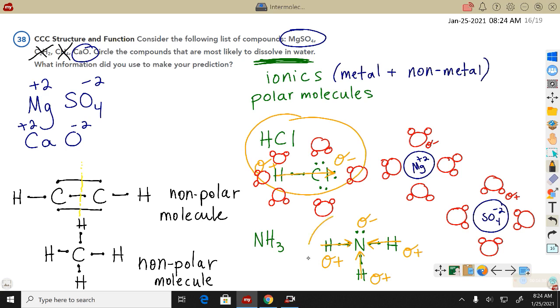Absolutely it will. Anything that's got those charged regions will be attracted to water molecules and should dissolve very well. So we're looking for anything ionic, metal, nonmetal, or any polar molecules, overall polar molecules, which might mean that I need to draw it so I can check the arrangement of the bonds around the center.